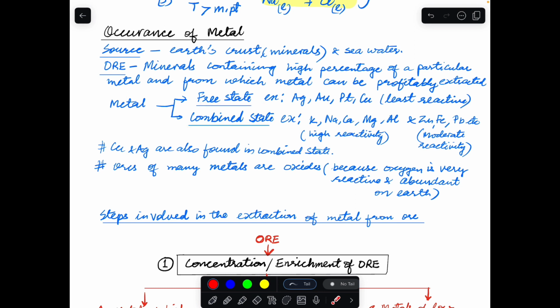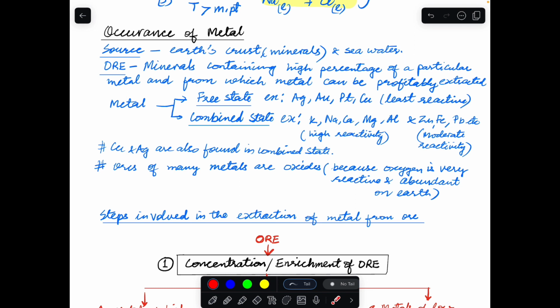The most common compounds of metals are oxides, because oxygen is available everywhere and is highly reactive also. So as sources of metal, we find metal in the earth's crust in the form of compounds which we call minerals, and some amount of these minerals is also found in sea water.